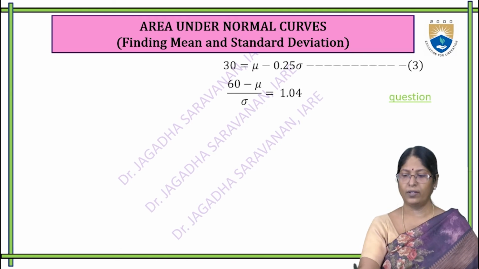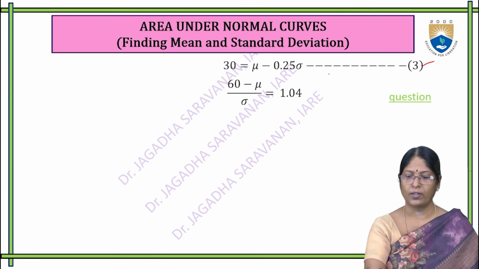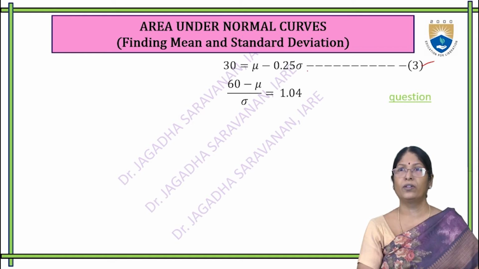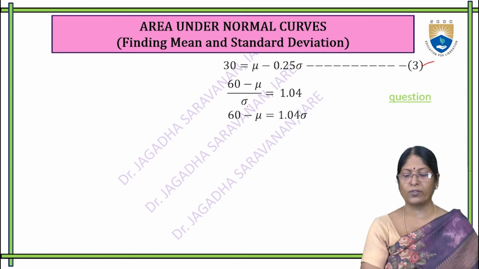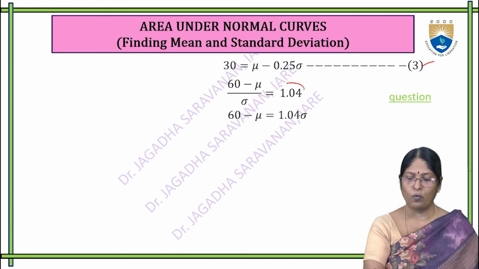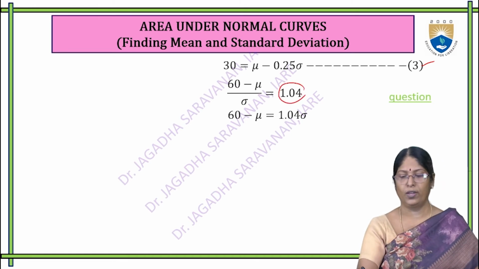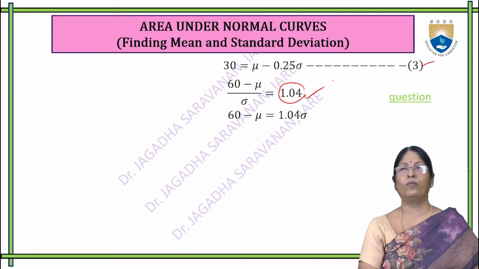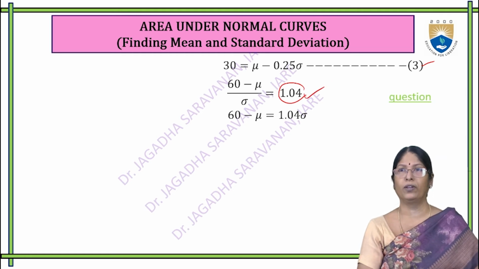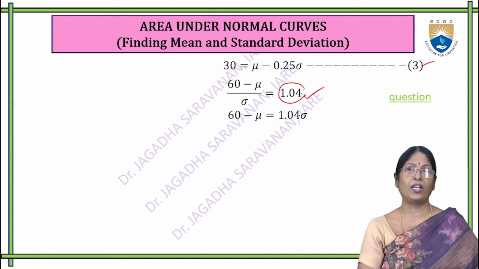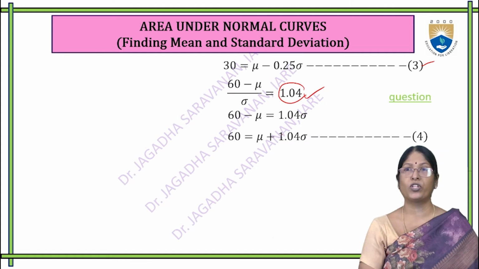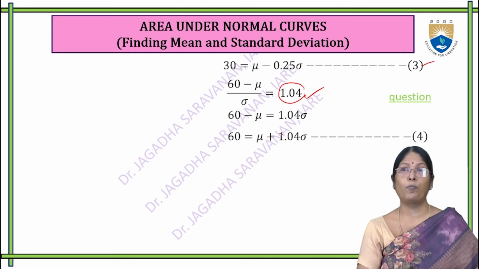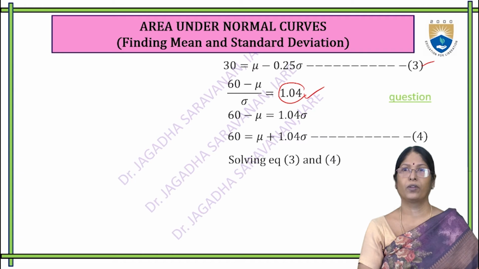Before that, the equations. This is the third equation. Here the second equation, that is (60 minus mu)/sigma equal to 1.04. This also is with the help of the normal table. First we will finish the calculation of mu and sigma, then we will come back here. So minus mu we brought here: 60 equal to mu plus 1.04 sigma.